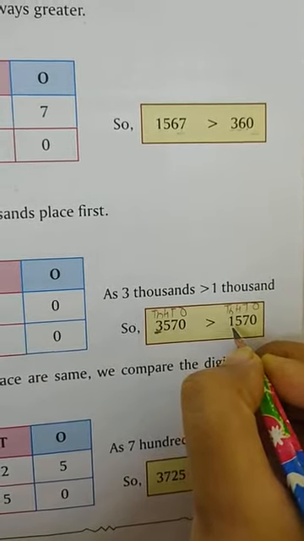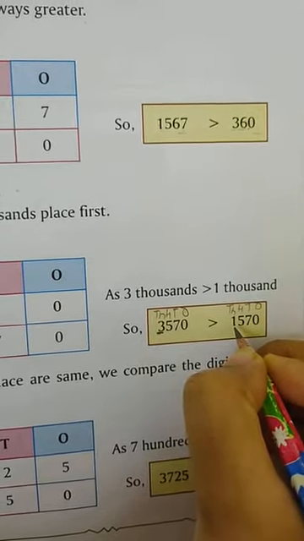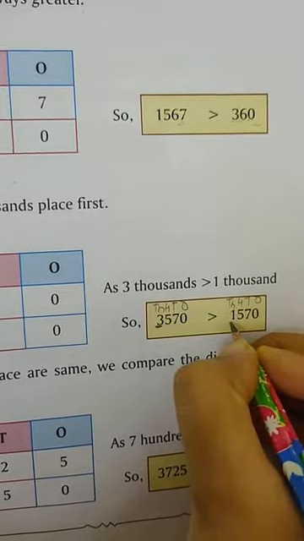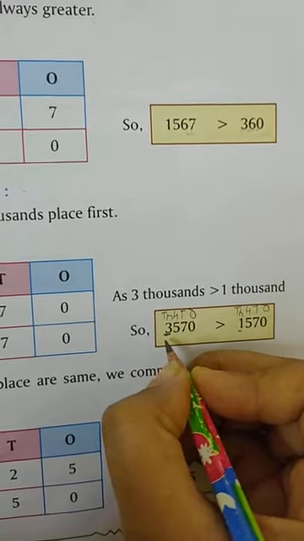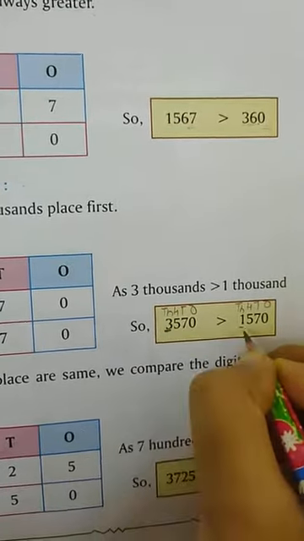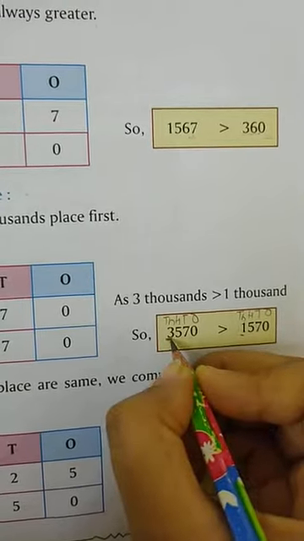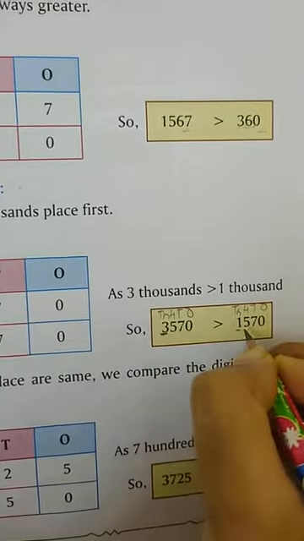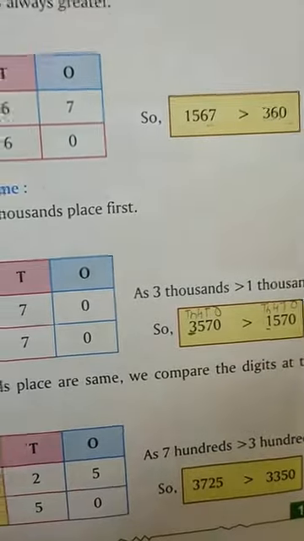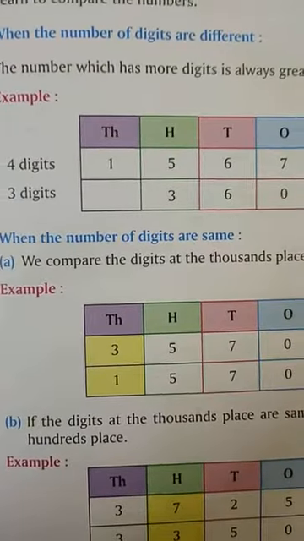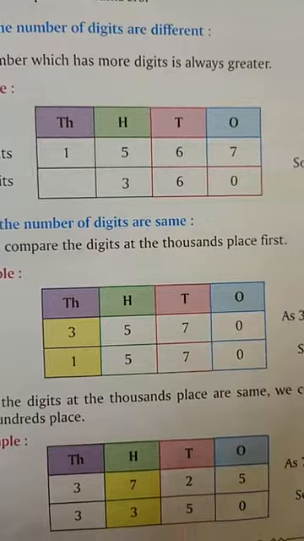And on this side, which digit is present on the thousand place? 1. As all of you know very well, 3 is always greater than 1, so 3570 is greater than 1570. In this way we can compare the digits.